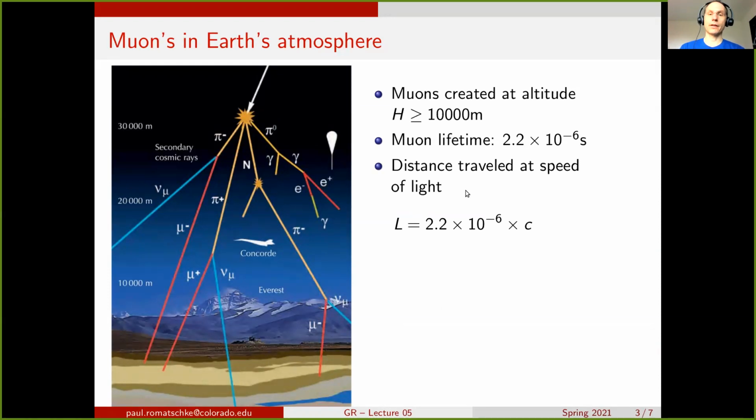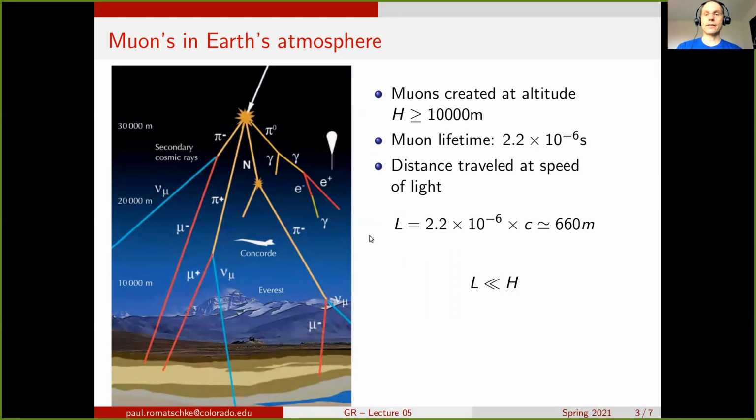The length they travel before they have to decay is equal to their lifetime, 2.2 microseconds, times the speed of light, which is approximately 3 times 10 to the 8 meters per second. If you put this in, we find that they would typically travel a distance of about 660 meters before they actually decay, even if they travel at the speed of light.